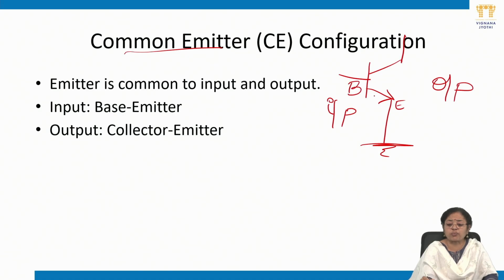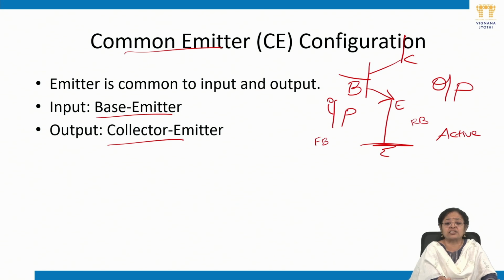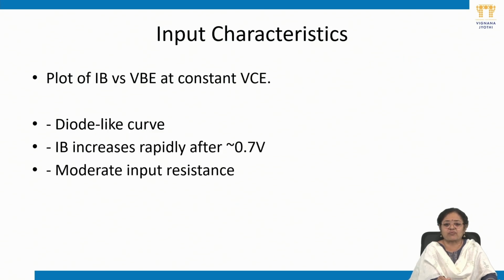This is the base. So the BE junction is the input side and the CE junction is the output side. For it to work in the active region, we have to give the BE junction forward biasing and the CE junction reverse biasing. So the input side is base emitter and the output side is collector emitter. This is the common emitter configuration.